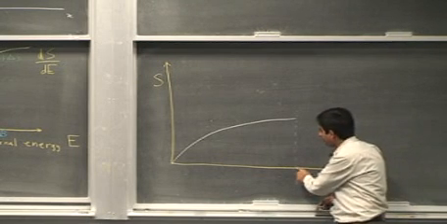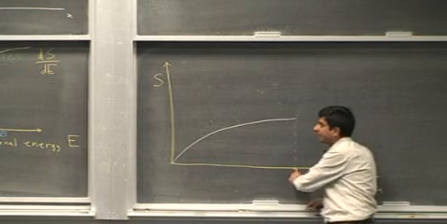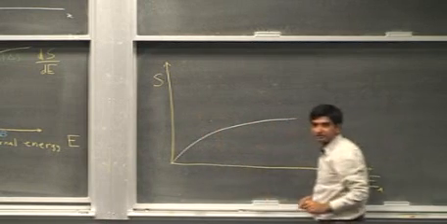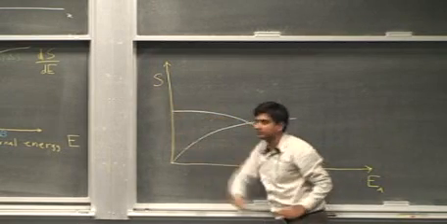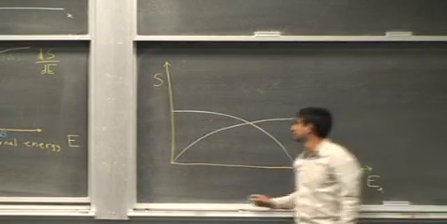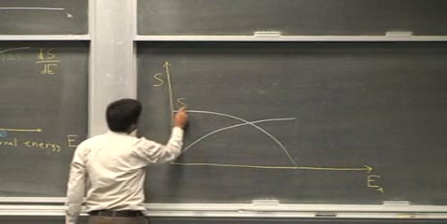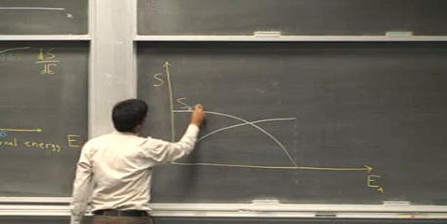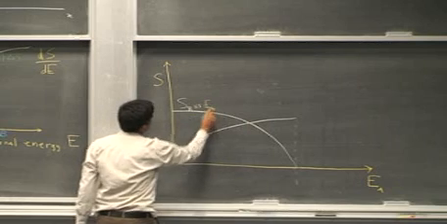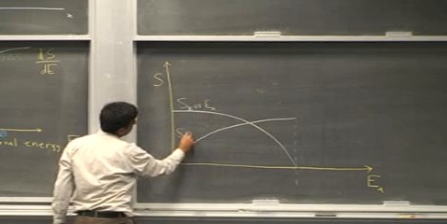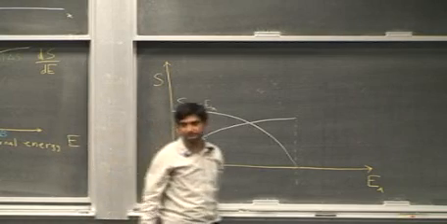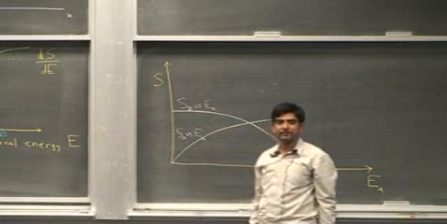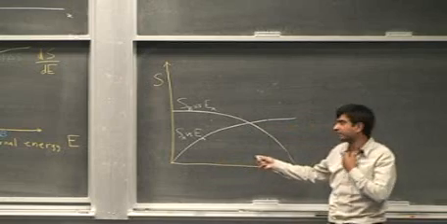So the entropy of object B will start from here and it will be concave upwards in this direction. Like this. Okay? So this is a plot of SB versus EA, and this is a plot of SA versus EA. Okay? We've looked at this several number of times.